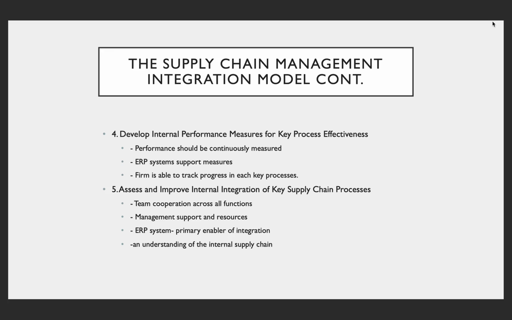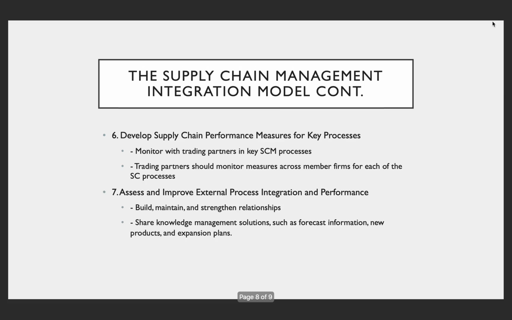Next is to assess and improve the internal integration of supply chain processes: team cooperation across all functions, management support and resources, the ERP system as the primary enabler of integration, and also an understanding of the internal supply chain.